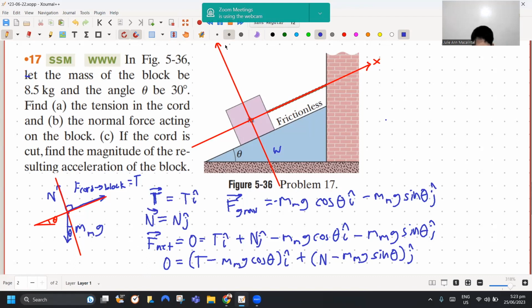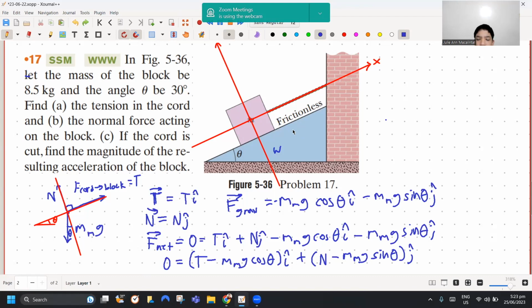Normal is stopping it from going down the y-axis. Okay. So ngayong pinutol mo yung cord, ano yung change? Will it go down along the y-axis? Yes, a little more. Why? Like directly down po, no?